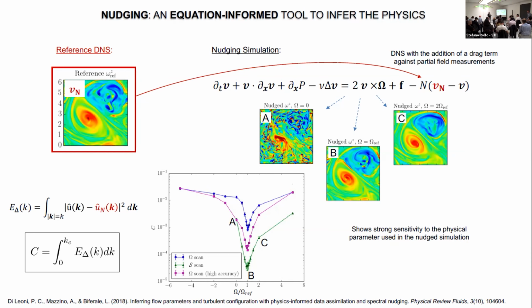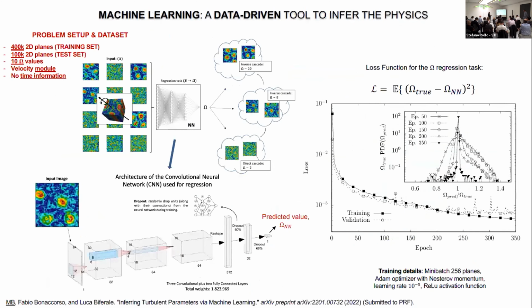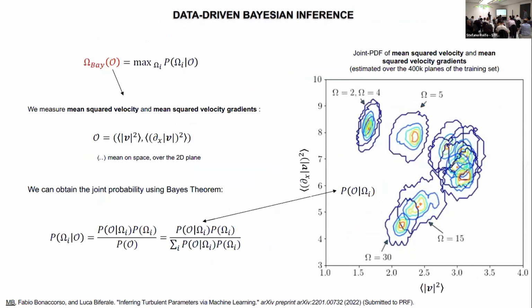Thank you for the nice talk. Could you maybe comment on the sampling strategy you used for the Bayesian inference? What kind of sampler? Well, we had to choose a few observables, and the observables we chose were the velocity module averaged over the plane, and then the velocity gradients squared, also averaged over the plane.